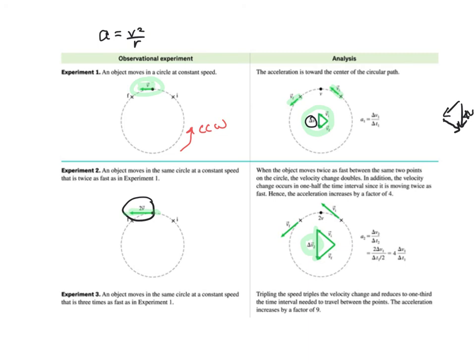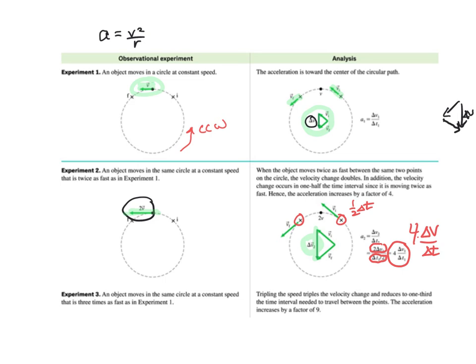But because it spins from this point to this point, the same distance in half the time, so you're spinning twice as fast, you've got a delta v vector twice as long, and you're dividing by a time interval that's half as big, the result is delta v over delta t is 4 times bigger.